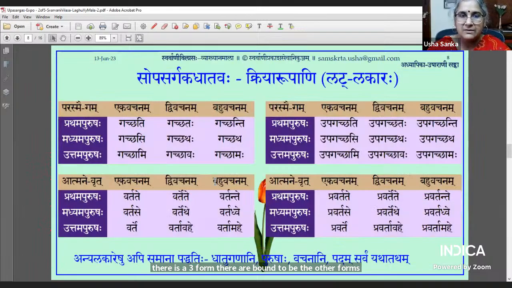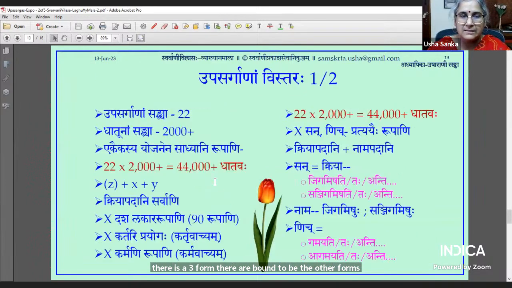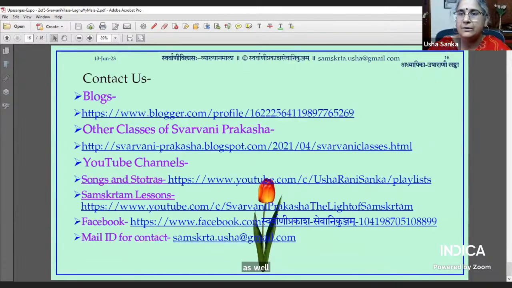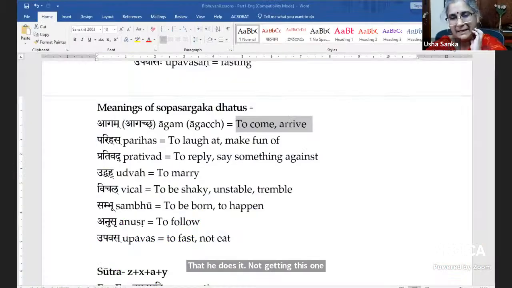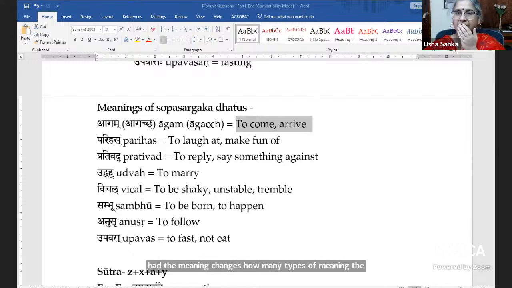Let me see if that other things are there. They are not there in this. The one I prepared, I was really trying to remember where it is. Just give me a moment, I will try to find it out. It had the meaning changes, how many types of meanings it changes. I don't have an index of what all I teach. I should now start maintaining an index.